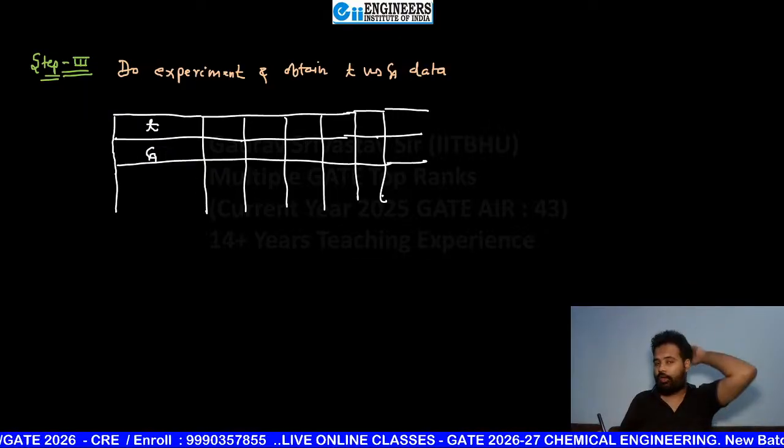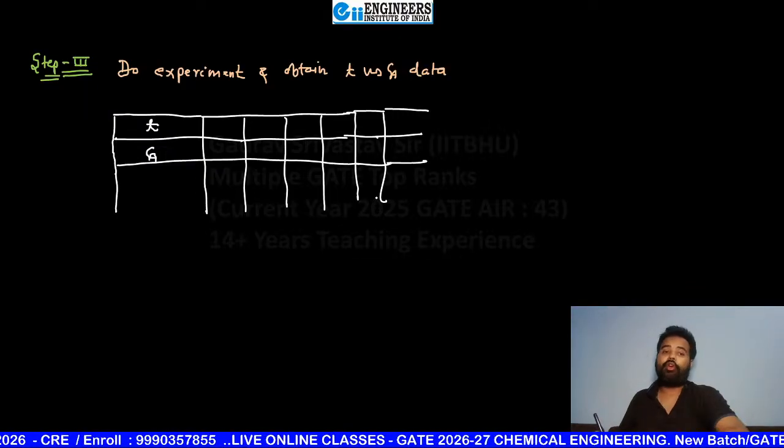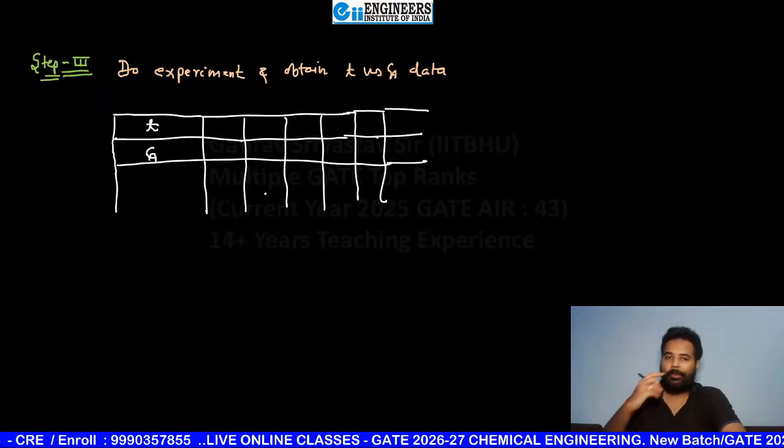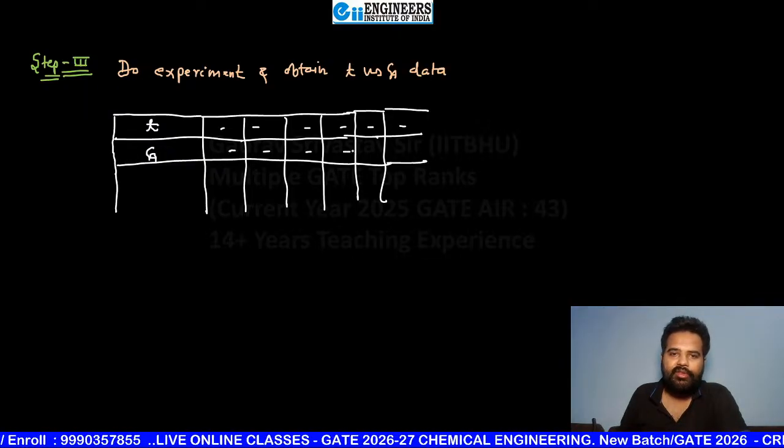More data will provide you an accurate value of order. So any number of data, just obtain this T versus Ca data with the help of experiment.